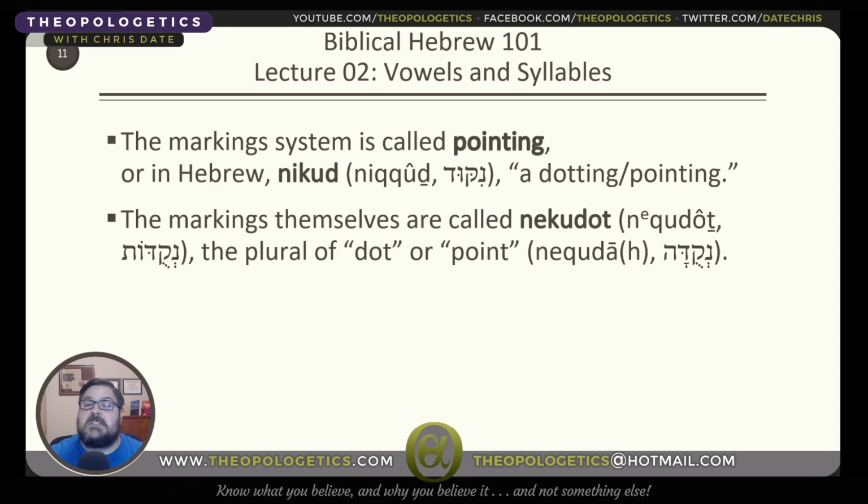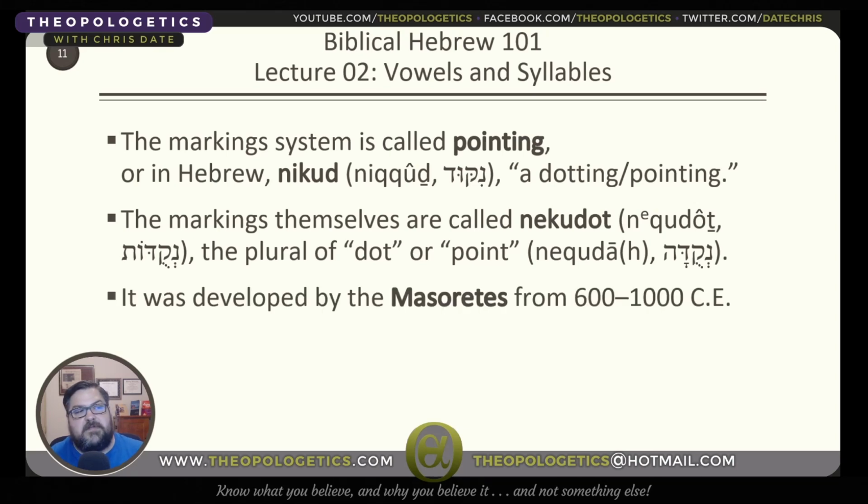The markings themselves that comprise this system, each individual marking, are called nikudot, which is the plural of the word nikuda, which means a dot or a point. So the system is nikud. The individual markings are nikudot, points or dots.